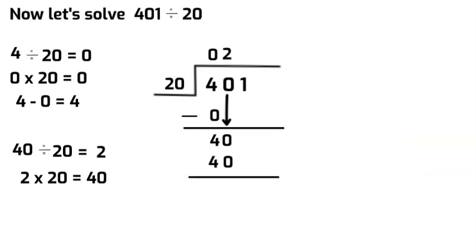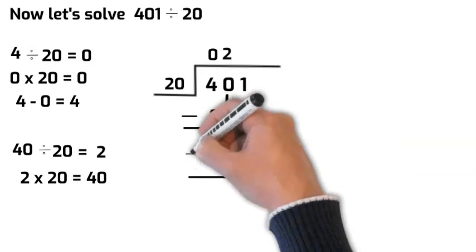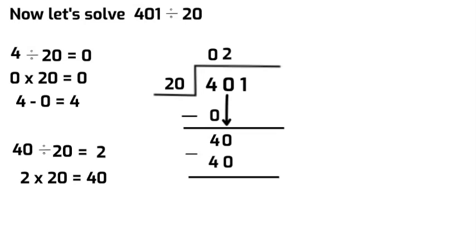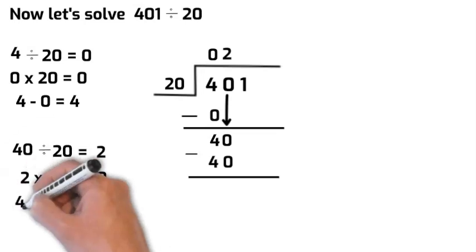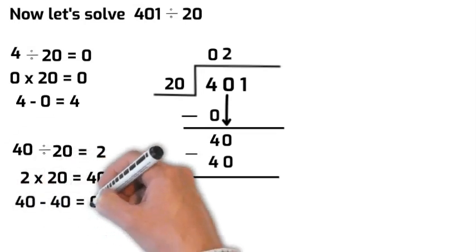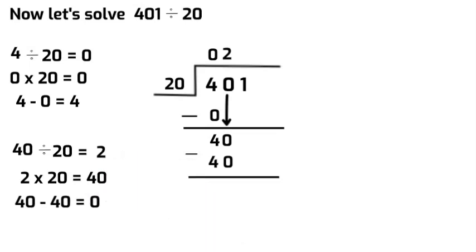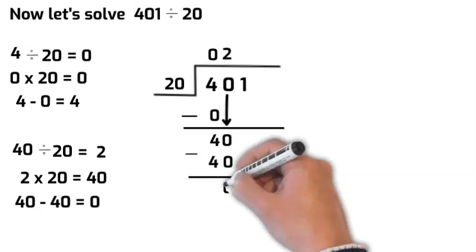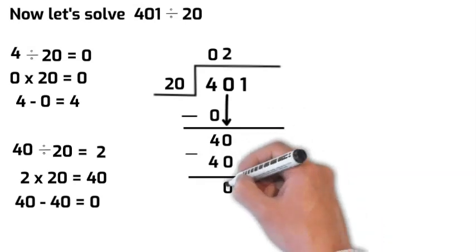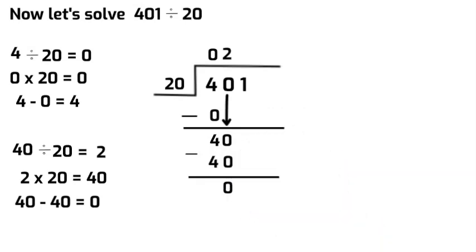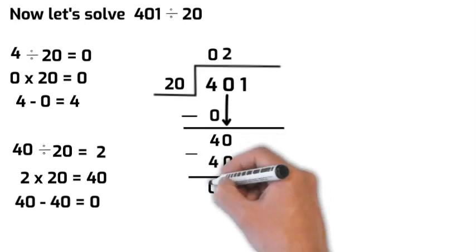Now we place our minus sign and subtract. 40 minus 40 is 0. 0 minus 0 gives us 0. 4 minus 4 gives us 0.